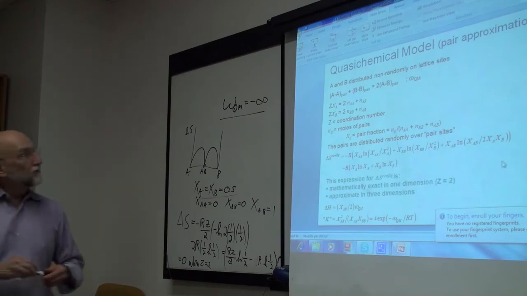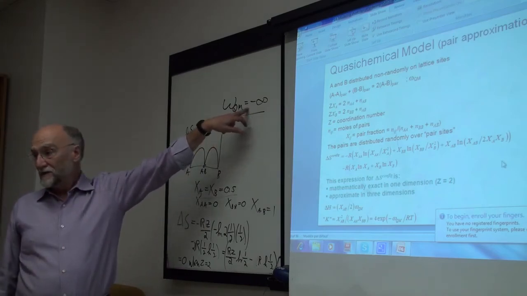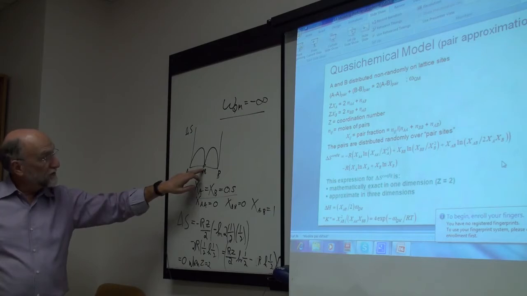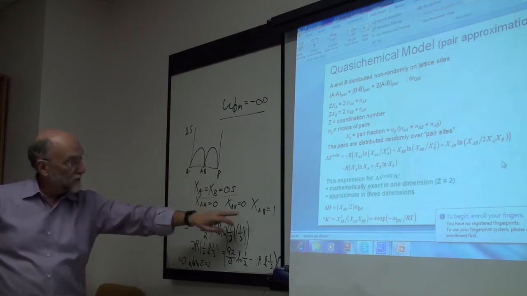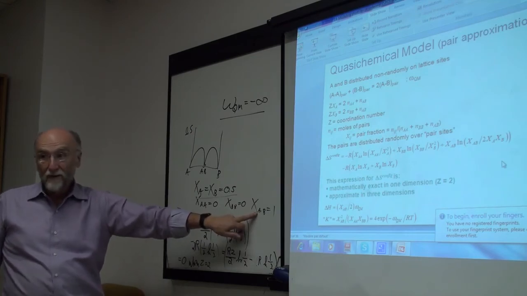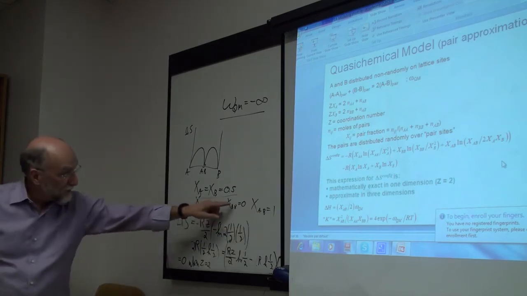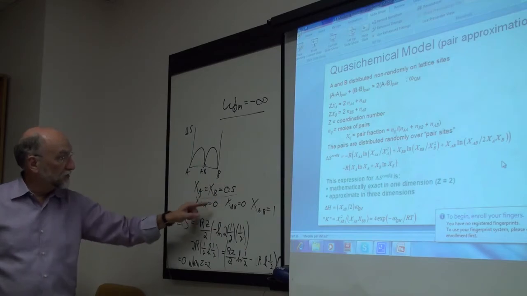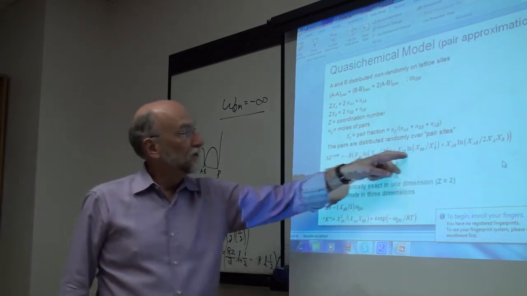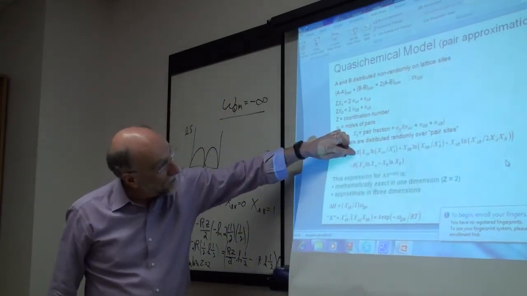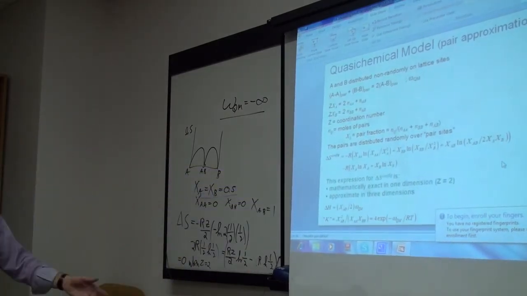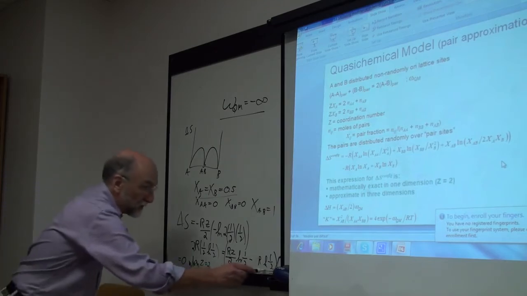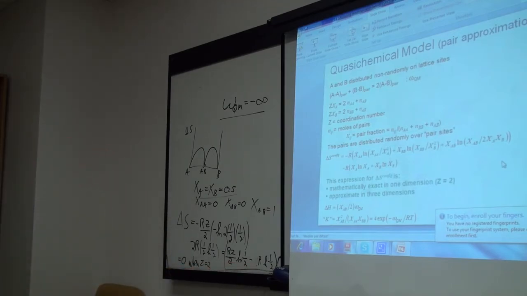So if I have an infinite negative quasi-chemical parameter and you're taking it at 50%, you want XA equals XB equals 1/2, so there are only AB pairs. Just make these substitutions for the mole fractions into this equation, not forgetting the Z over 2 in front of the first term, but not the second term. Make all the substitutions, collect terms, and you end up with this expression, which will be 0 when Z is 2, but only when Z is 2.